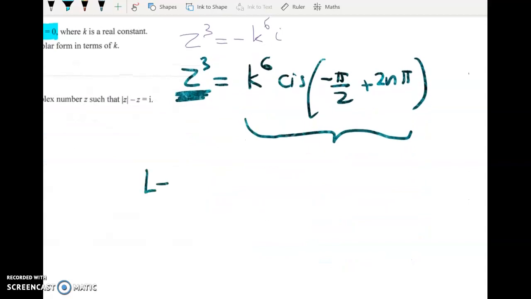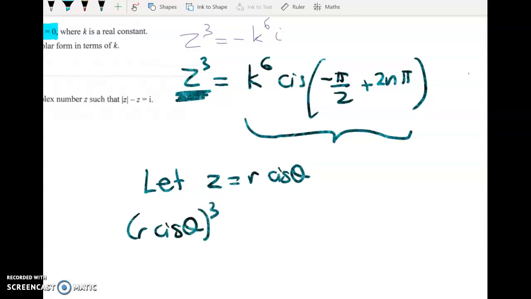So we're going to say that z, which is the thing I'm after, let z equal r cis theta. So on the left-hand side, I've got r cis theta cubed is equal to k to the power of 6 times cis of negative pi on 2 plus 2n pi.